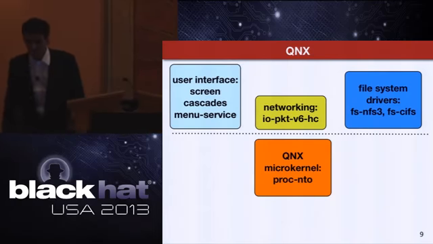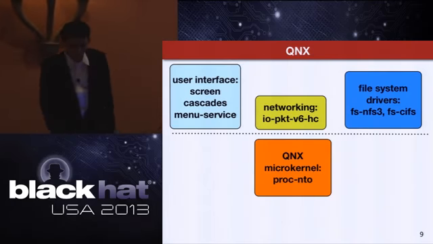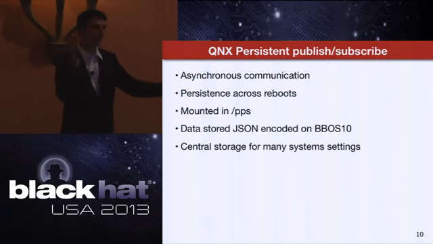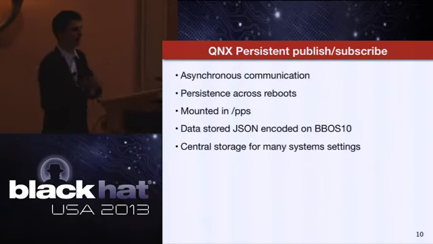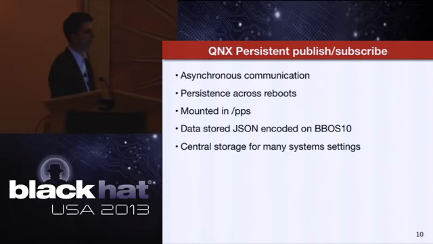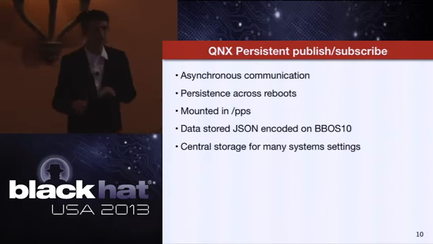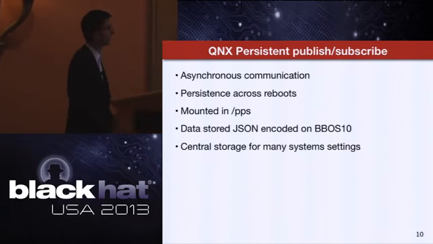Then there's something that, if you're used to POSIX operating systems but you've never seen QNX before, will look weird for a second, but it's a very important mechanism in the system.